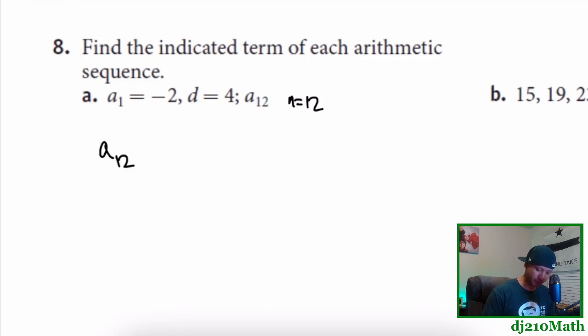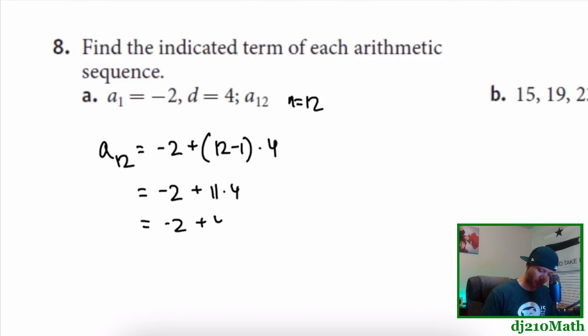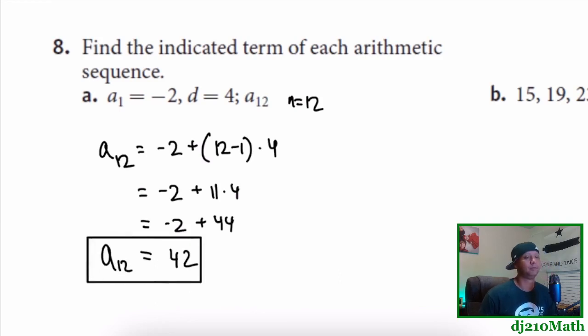So a sub 12 is equal to a sub 1, negative 2, plus 12 minus 1 times the common difference of 4. So negative 2 plus 11 times 4. Negative 2 plus 44 is going to be 42. So a sub 12 is equal to 42. Let's go.